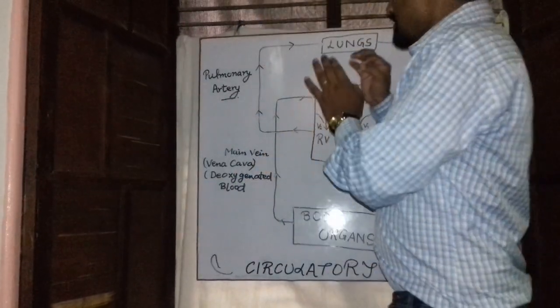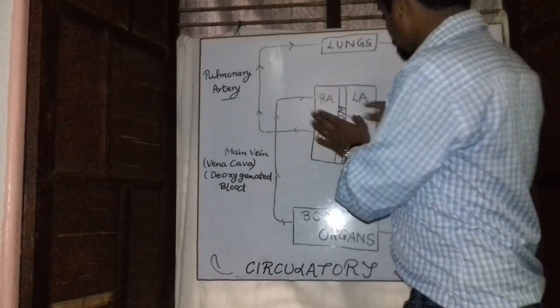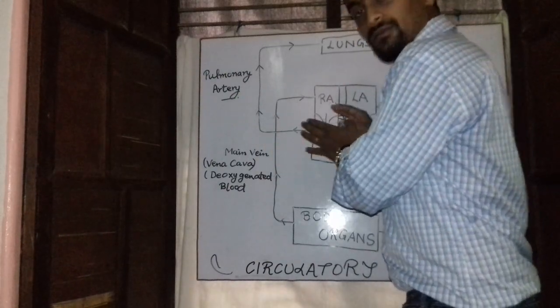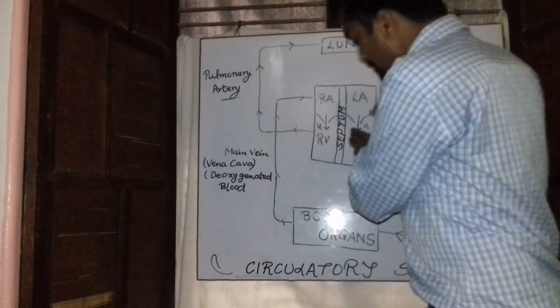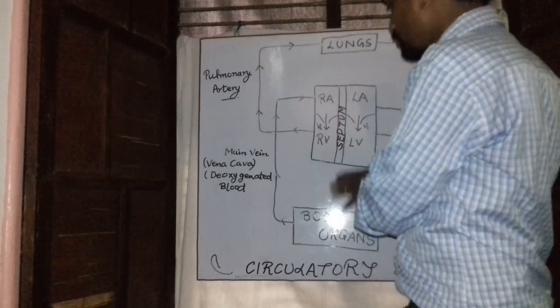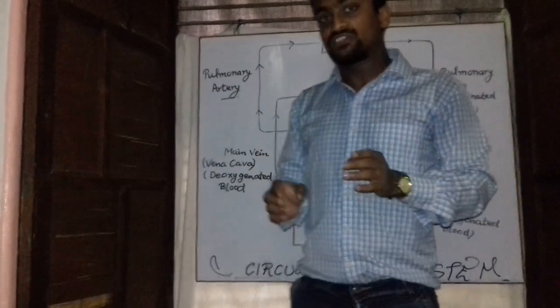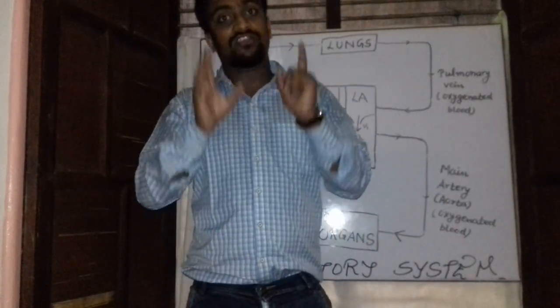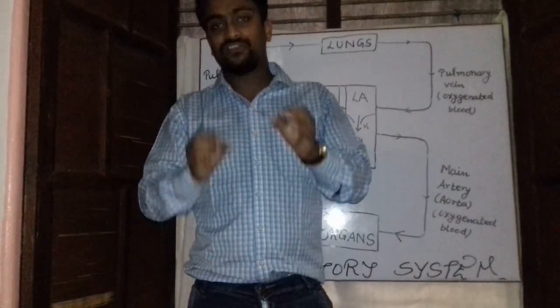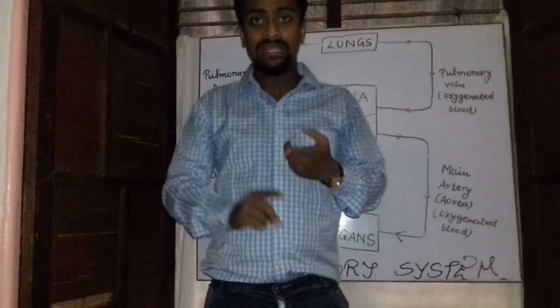While the second one, the movement of the blood from the heart to the body organs and back to the heart, is known as systemic circulation. So a single circulation consists of double circulation, which is pulmonary circulation and systemic circulation.